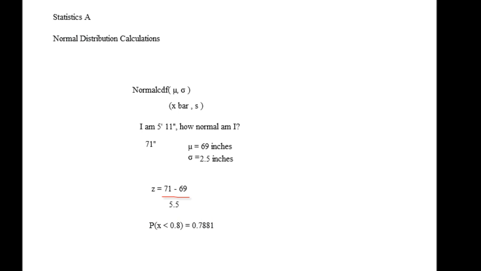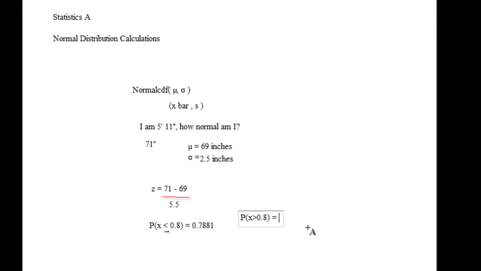Now, you always want this to be less than, because that's what the table is looking for. If you're calculating greater than, you actually have to do 1 minus that probability. So let's rewrite this problem: I want the probability of x being greater than 0.8.